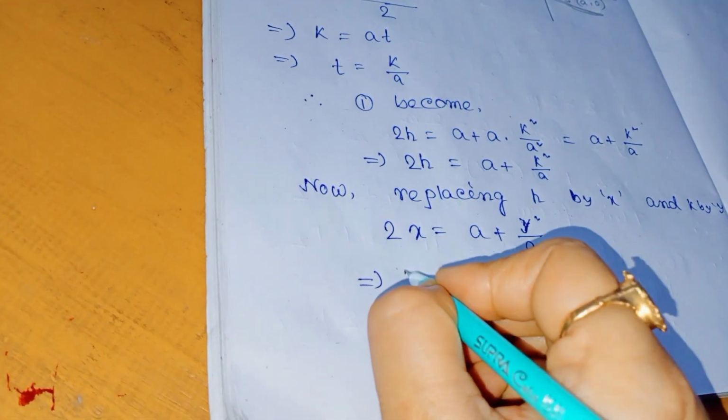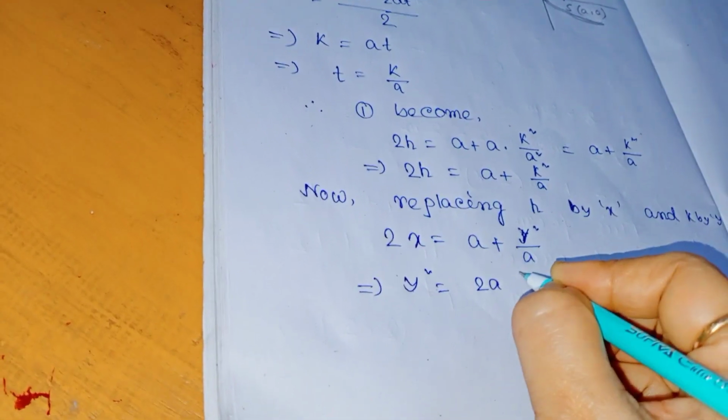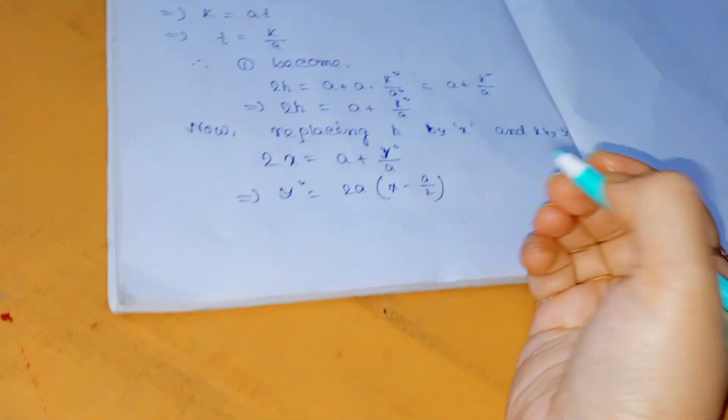After simplifying, we write y squared is equal to twice a into x minus a by 2.